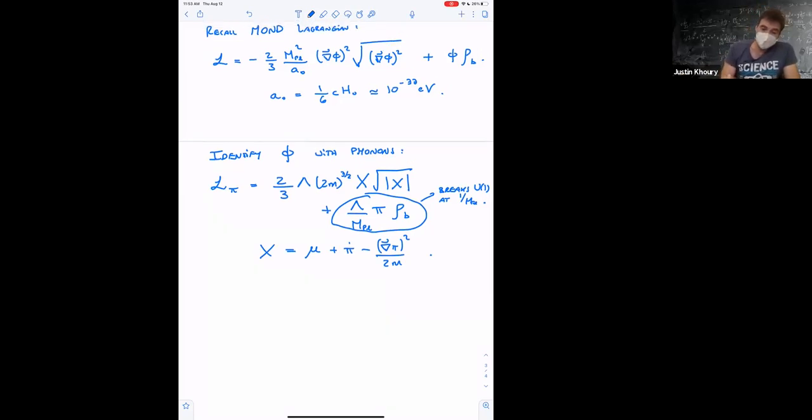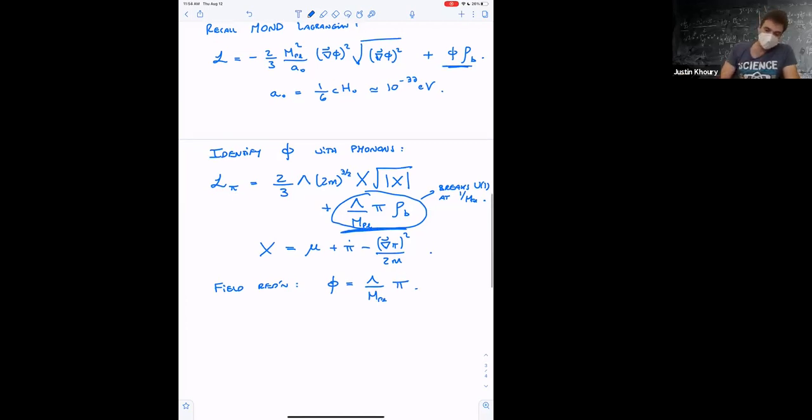Now, when you do the matching between these two Lagrangians, so the field redefinition that relates the two, to bring it to the Milgram-Bekenstein form, is to define phi to be lambda over M Planck times pi. Okay, so that's how you would just, for example, relate this term with this term.